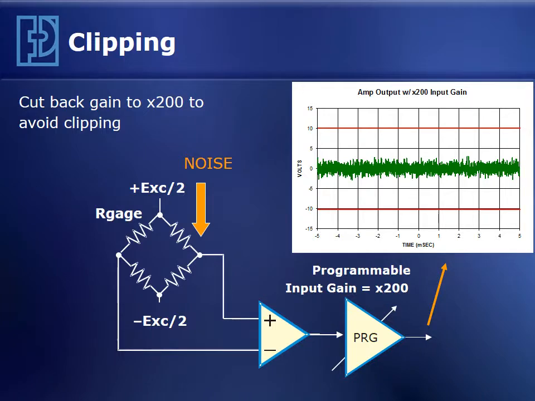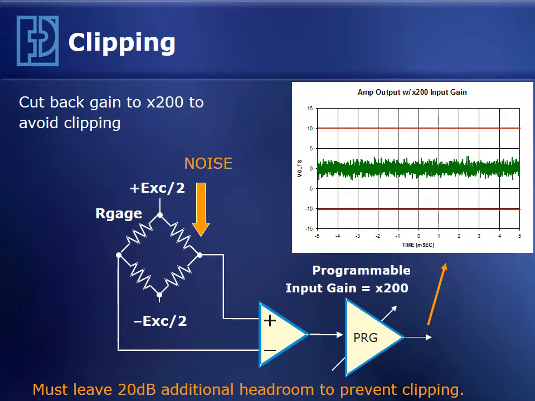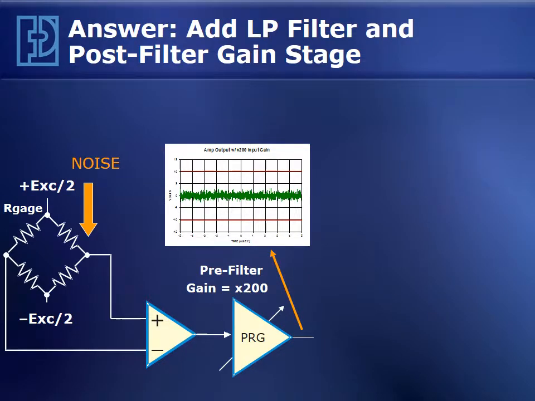We don't have clipping now. But the problem with this is that we had to leave 20 dB additional headroom in our amplifier and our downstream A to D to prevent the clipping. So our signal to noise ratio, because of having to leave this headroom, is not going to be optimal.